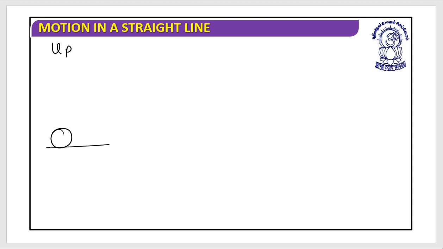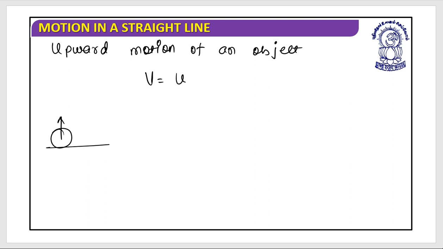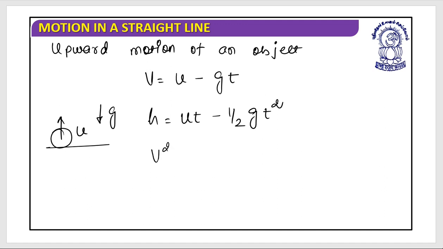Let's first consider the upward motion of an object. We have these relations: v is equal to u minus gt, minus because velocity is in the upward direction and gravitational acceleration g is in the downward direction. h is equal to ut minus half gt square, and v square minus u square is equal to minus 2gh.